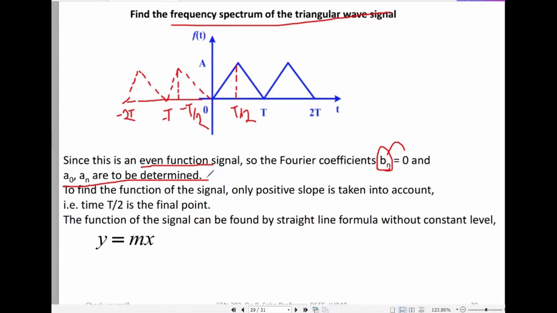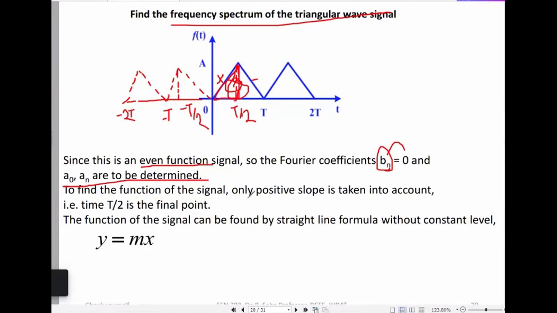Another condition: it is a positive slope, this is a negative slope. So average value how much? 0. The area of this cycle is 0. That's why we need to consider only half cycle.